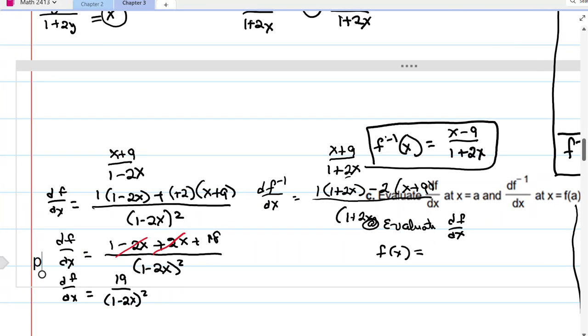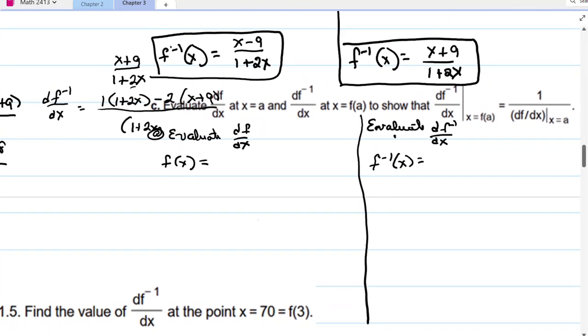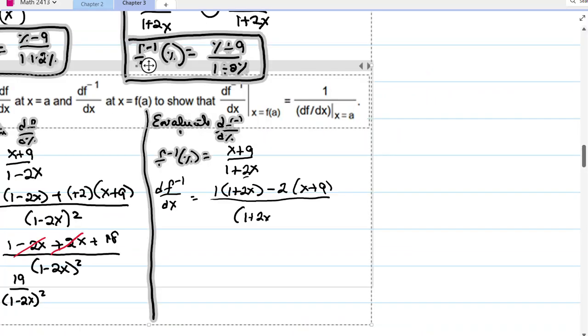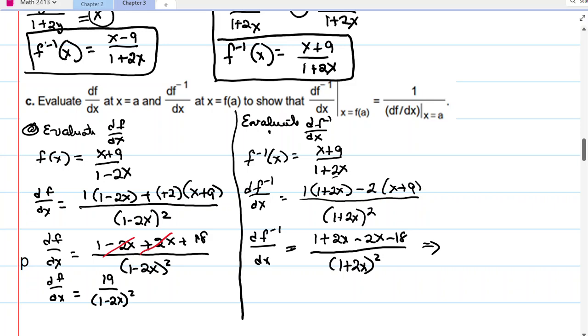Sorry about that. So I'm going to clean this up, and I'm going to simplify this way on the side.